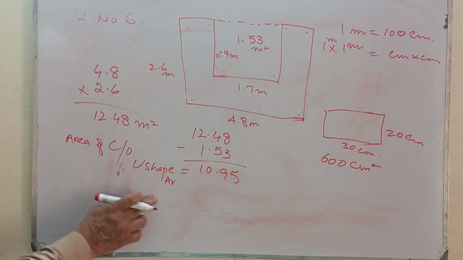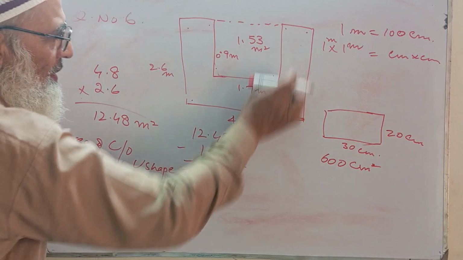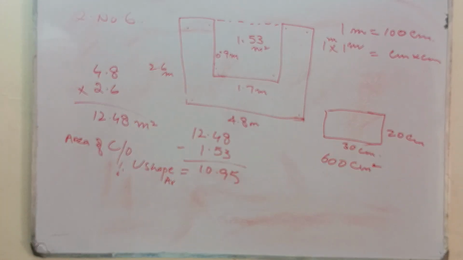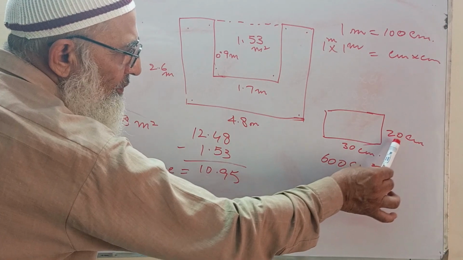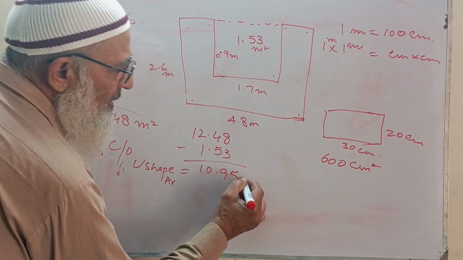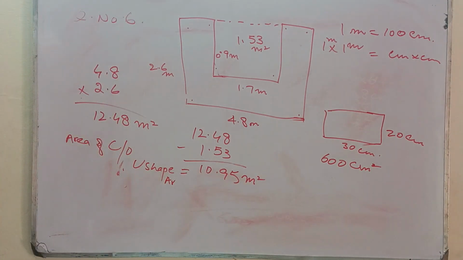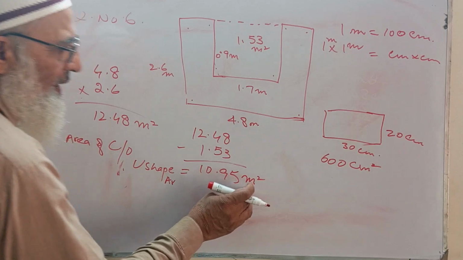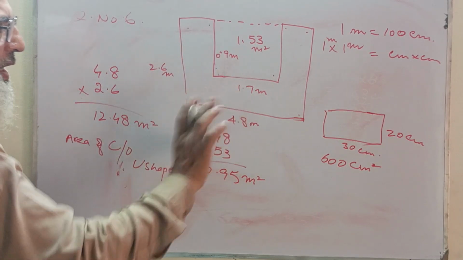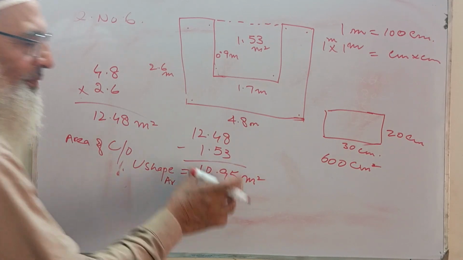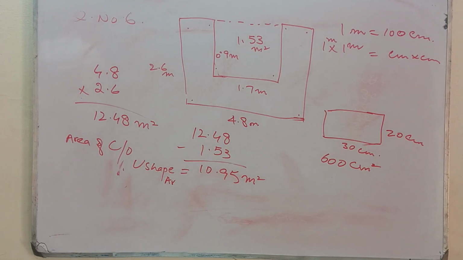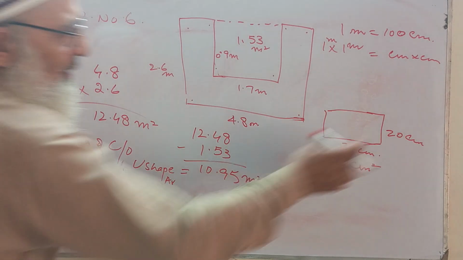That gives 10.95, the U-shape area, on which we have to fix the tile of size 20 by 30 centimeters. The area found is in meter square, because meters are given everywhere, whereas the size of the tile is given in centimeters.